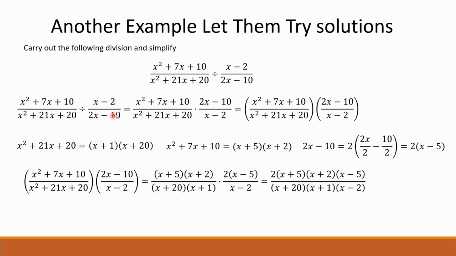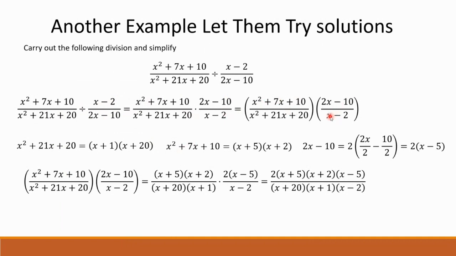So the denominator becomes the numerator, and the numerator becomes the denominator. And then you're going to multiply. That's what happens. And when you multiply, we have this.